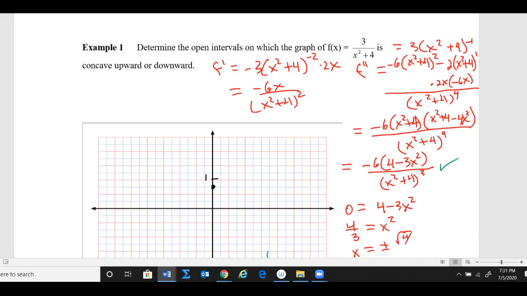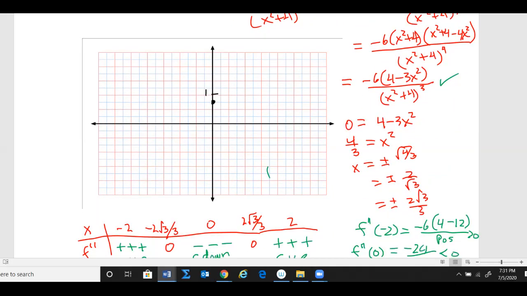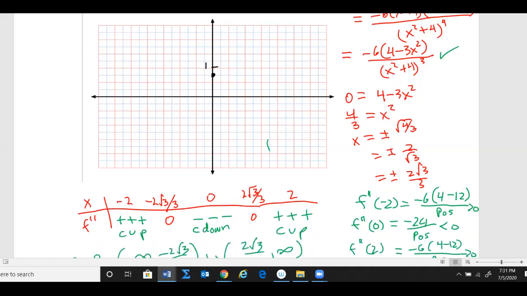And we have these two points which are over here, approximately. That's about 2 root 3 over 3. You know what? My scale is off.